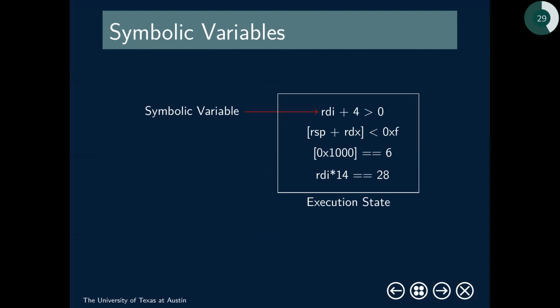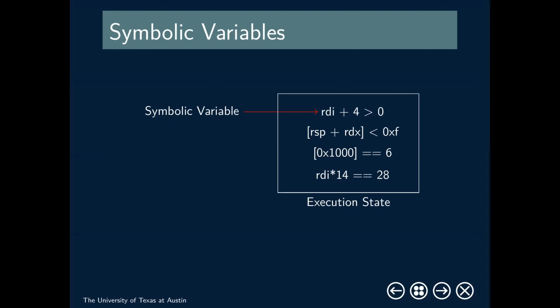So if we have some symbolic state as denoted in this box, right? This is our system of equations that we want to be satisfied. All of the things that are not numbers would be considered symbolic variables.